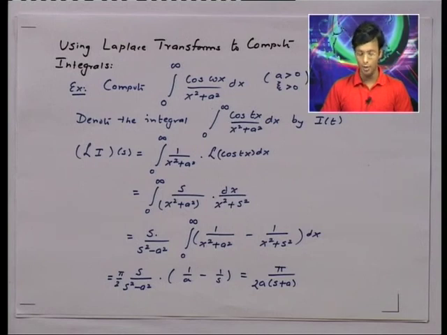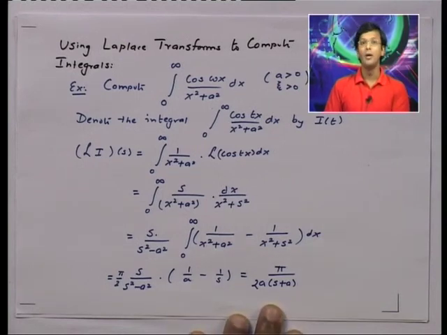So, tell me the I whose Laplace transform is this: pi by 2a into 1 over s plus a. The integral I of t is equal to pi by 2a into e to the power minus at.